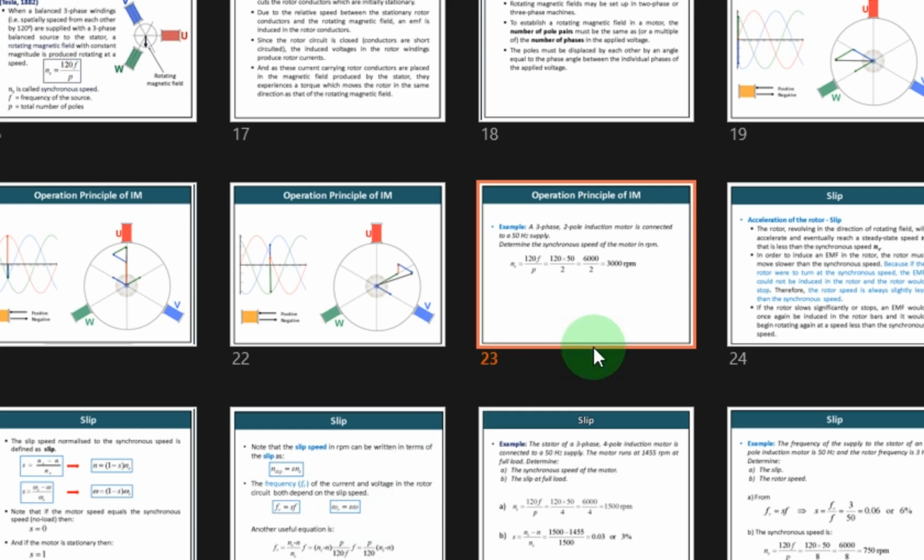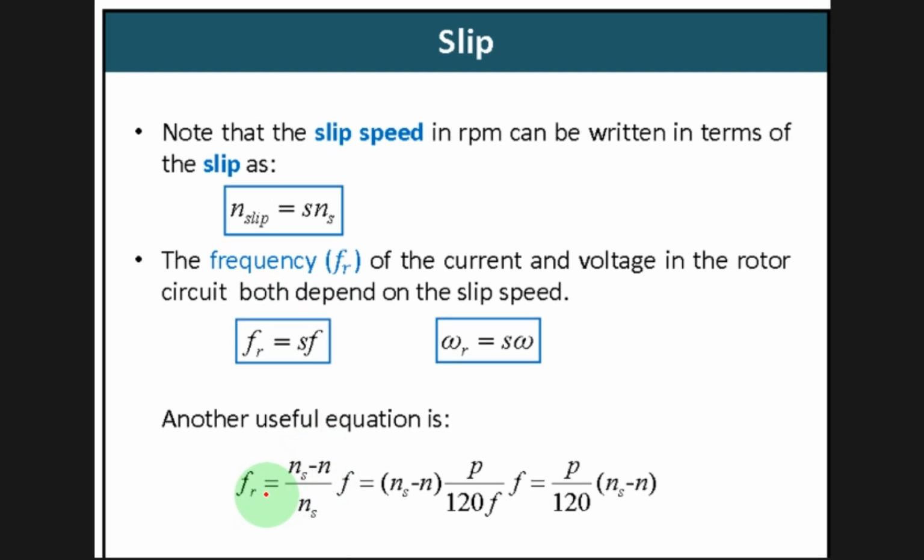Therefore Fr, that is the frequency of the current and voltage in the rotor, is equal to the number of poles divided by 120 times Ns minus N, that is the slip speed.